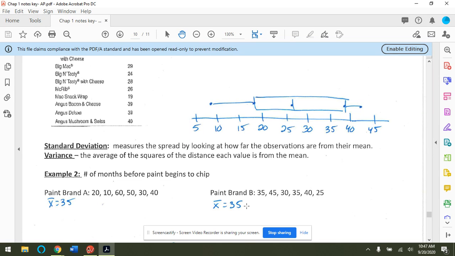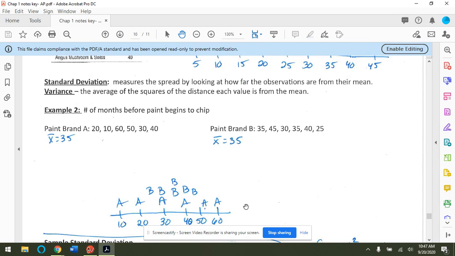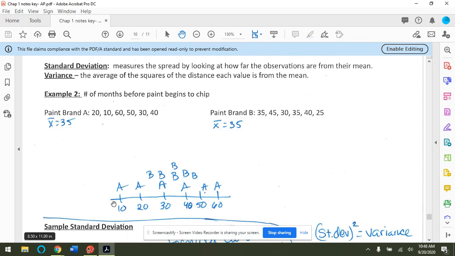But what happens is when I scroll down, when you graph them, all of my paint A's are here and my paint B's are here. So which is going to have a bigger standard deviation? Brand A, right? Because brand A is more spread out.